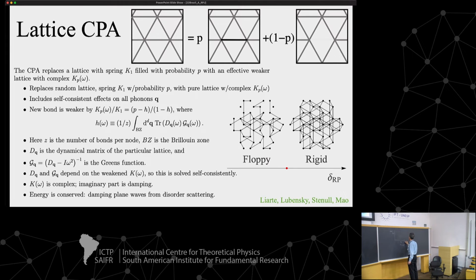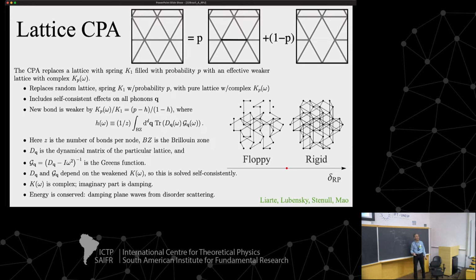And this is 1, 0, and 1. So you know that up here where almost all the bonds are there, it's rigid. Where almost all the bonds are gone, it's floppy.